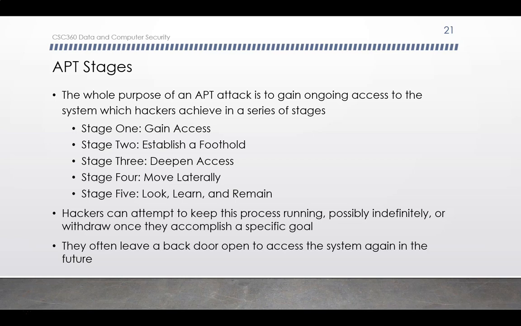In terms of step 2, establishing a foothold, cyber criminals will implant malware that allows creation of a network of backdoors and tunnels to move around in systems undetected. This malware often employs techniques like rewriting code to help hackers cover their tracks.